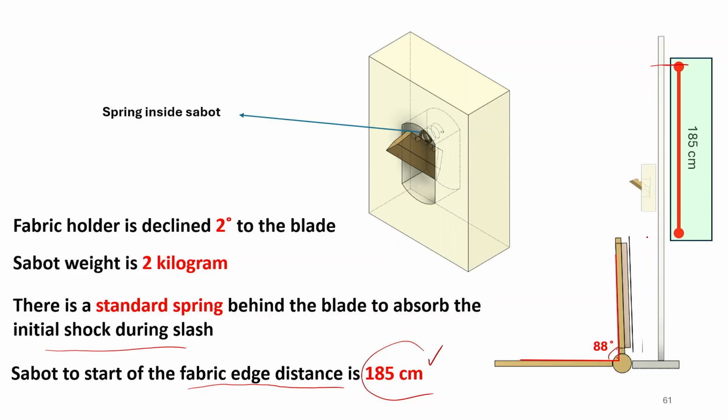That means after a 185 centimeter fall, the knife will start touching the fabric edge.